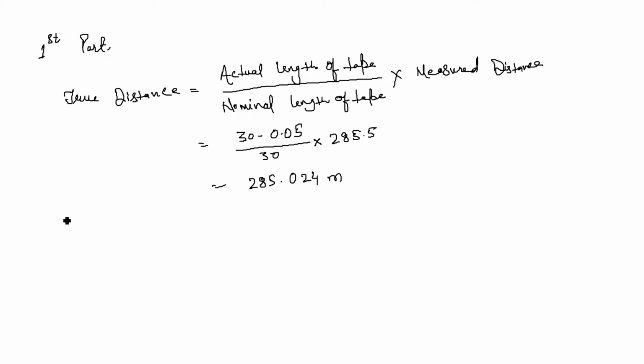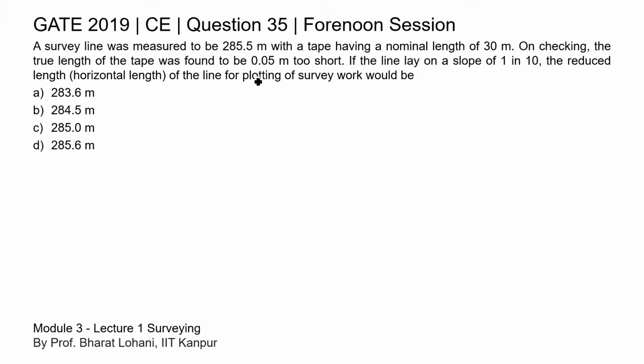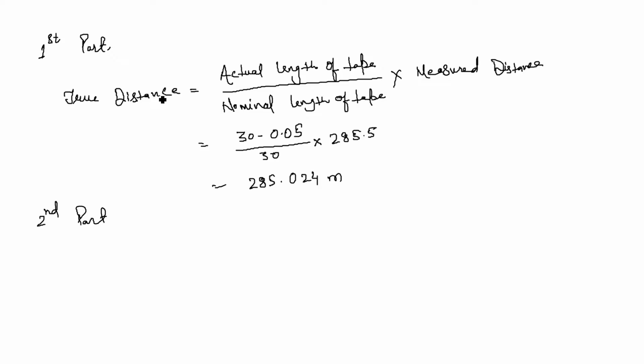Now the second part, in the second part of this question it is saying that this line was measured on a slope of 1 in 10. So we need to calculate the horizontal length. So since this is slope, now we need to calculate the horizontal distance.